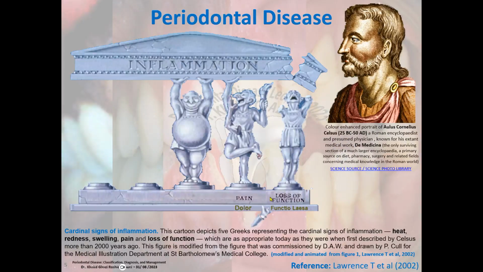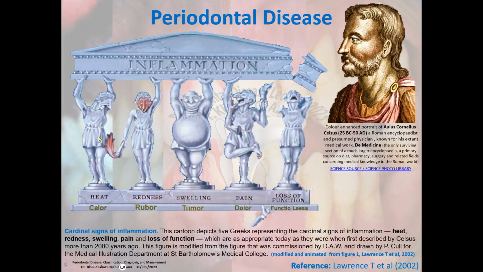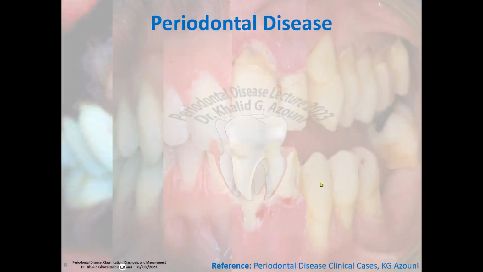Another sign is pain, or dolor, and another sign is swelling, or tumor, which we observe during periodontal abscesses, for example. There is also redness, observed as redness of the gums, or rubor, and there is heat, elevated temperature, which we rarely see in periodontal disease, except especially if there is reduced immunity, like in cases of necrotizing ulcerative periodontitis.